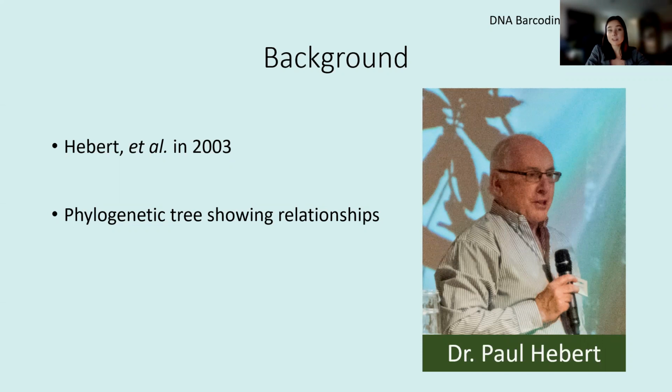Using this method, they were able to create a giant phylogenetic tree, which pictures the relationship between many different species. This showed scientists that creating a DNA barcode is a great way to identify species. Thanks to Heppard and his colleagues, anyone with a computer can now identify almost any organism on this planet.